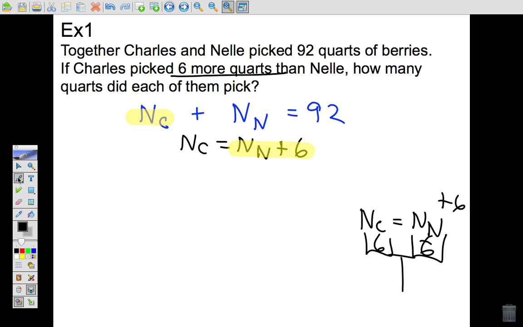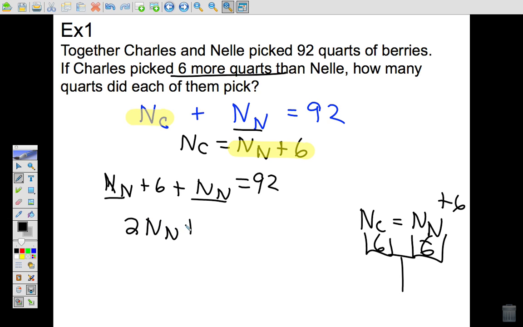All right, so I've got NN plus 6 plus the NN right here equals 92. Now I'm going to solve it for NN. So NN plus another NN is 2 of those NNs plus the 6 equals 92.